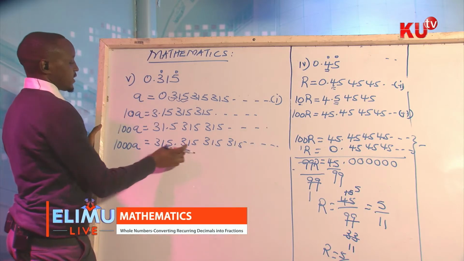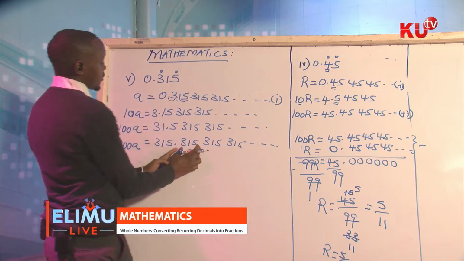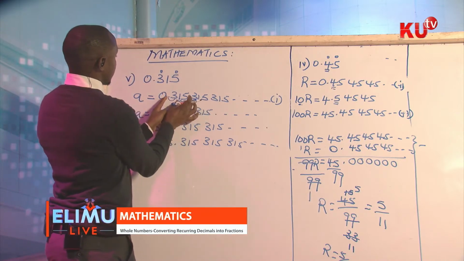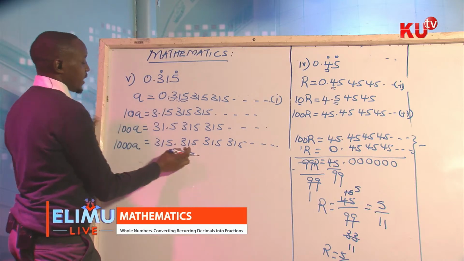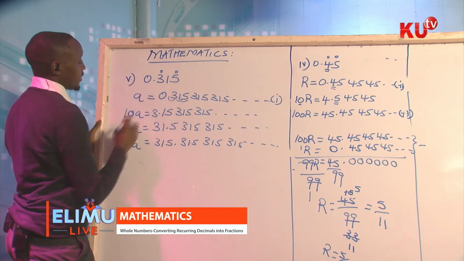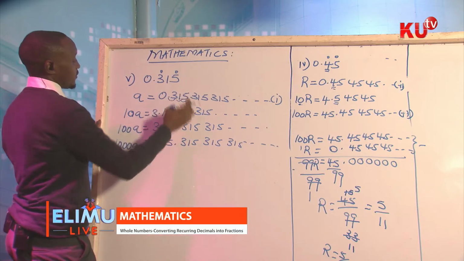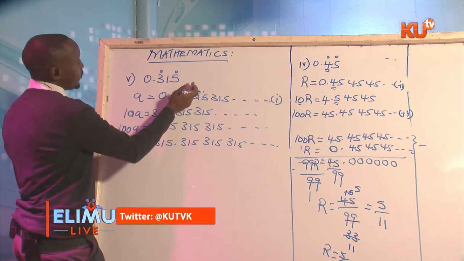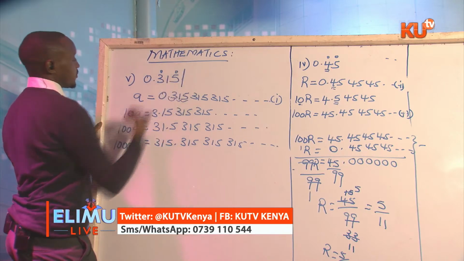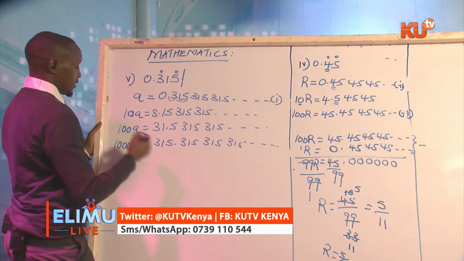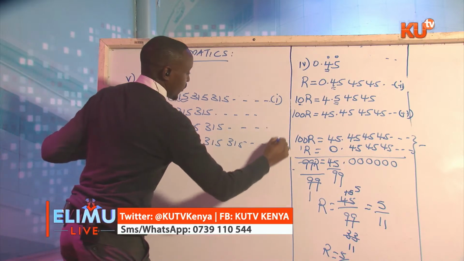And if you look at this, we have our recurring fraction coming here. On the original fraction and on our multiple of 1,000, when we subtract, 3 and 3 will get 0, 1 and 1 will get 0, 5 and 5 will get 0. We have moved the decimal to the part that is recurring. That means this qualifies to become our equation 2.